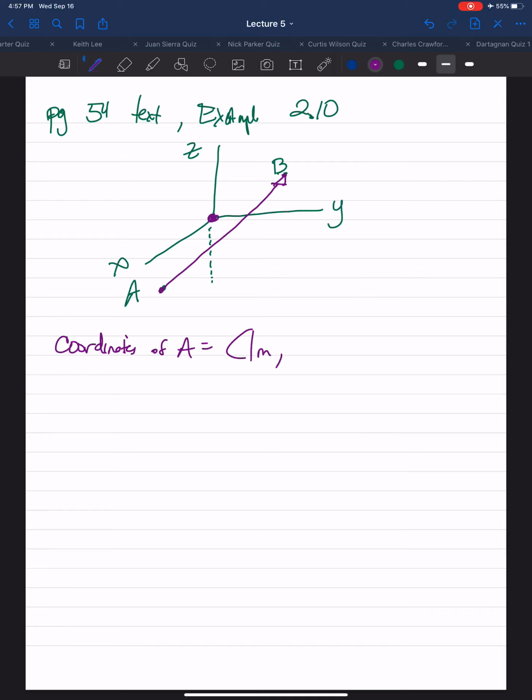In the y direction, do you go any direction? They're showing you that rectangle, they're showing you that the coordinates of A is in the xz plane, so there is no y component. So 0 for y, and in the z direction, it is in the negative z direction, so that's a coordinate of -3.